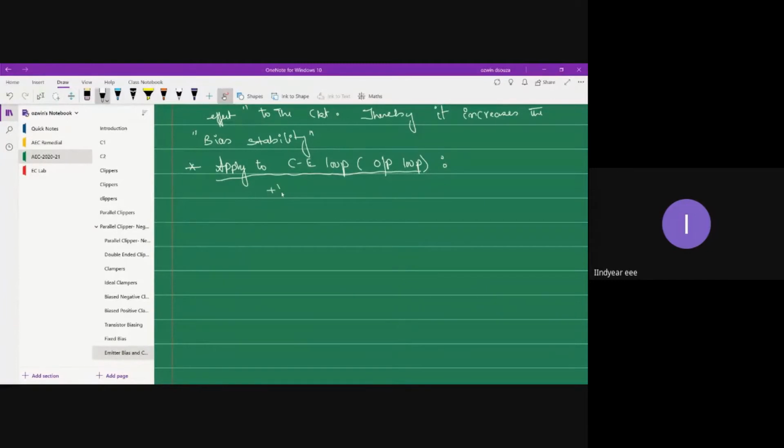So it is VCC minus the resistance drop, minus the terminal voltage, minus the emitter resistance drop, that is IE into RE, which is equal to 0.